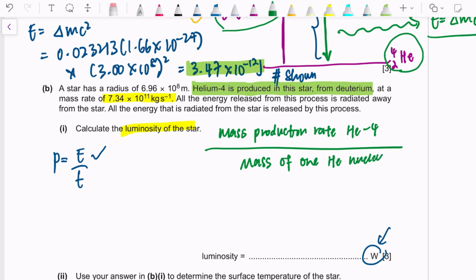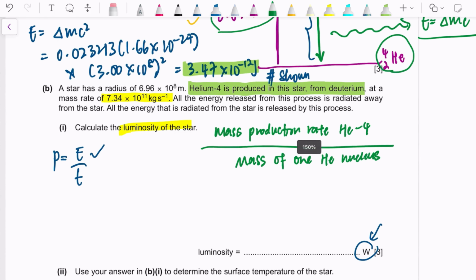This calculation will give us the rate of helium-4 nuclei produced in the star.